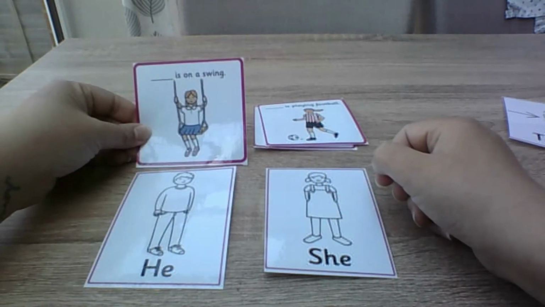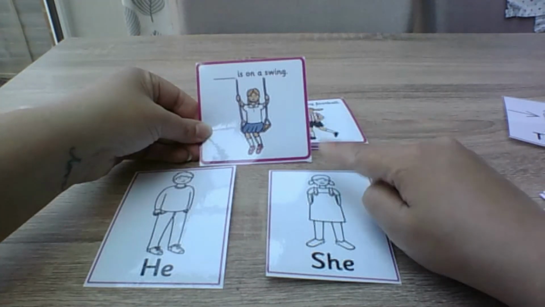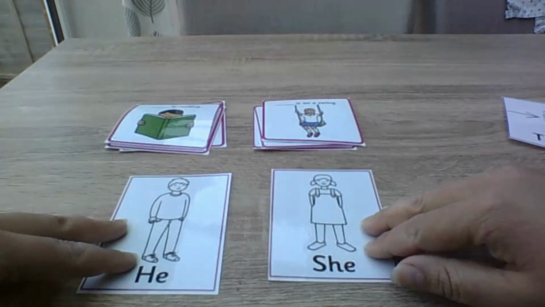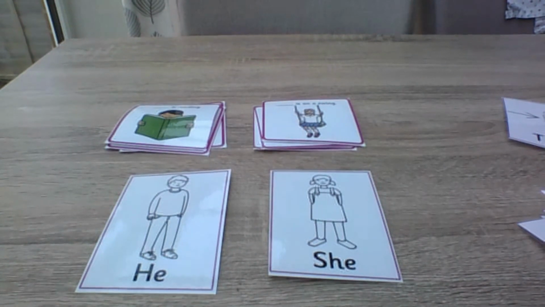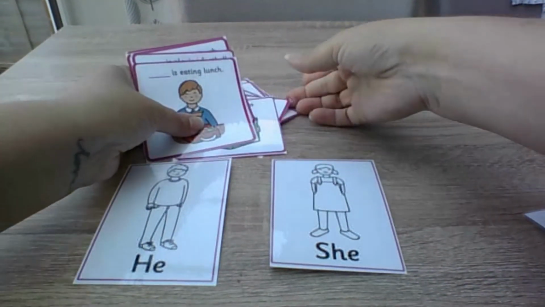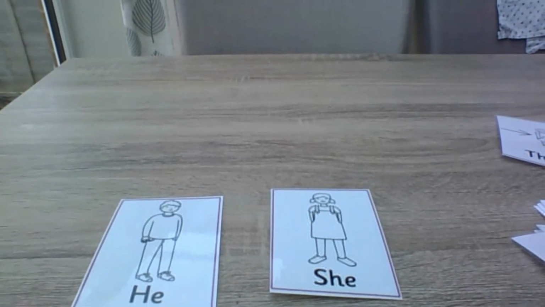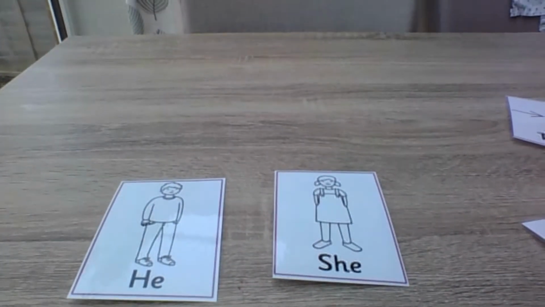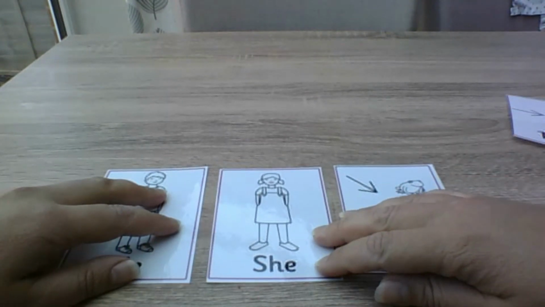It's a girl on a swing. She is on a swing. Again, you might want to stay with just he's or she's in the early stages, and then move on to mixing them up as in the video and sorting them.